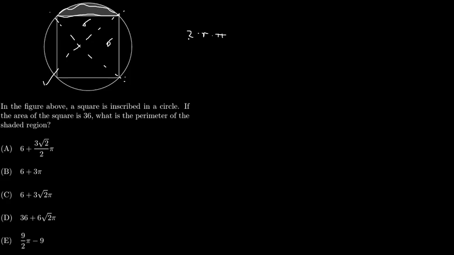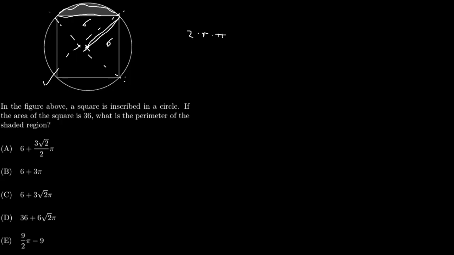What's our radius? Well, let's say this is the center point, and from the center point to, let's say, here. Why there? Well, if it's the center point of the circle, then it would also be the center point of the square.